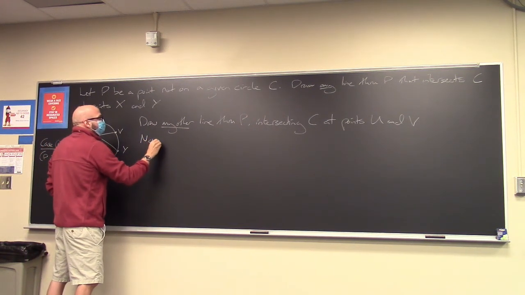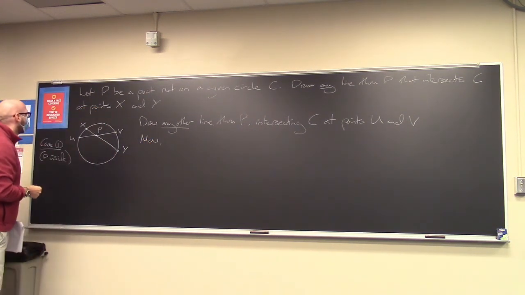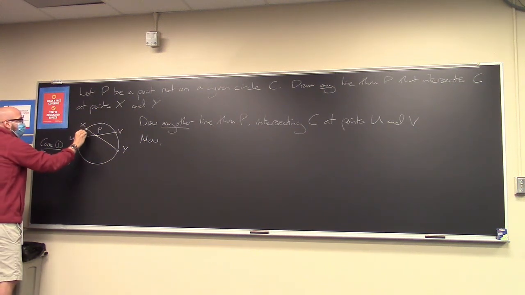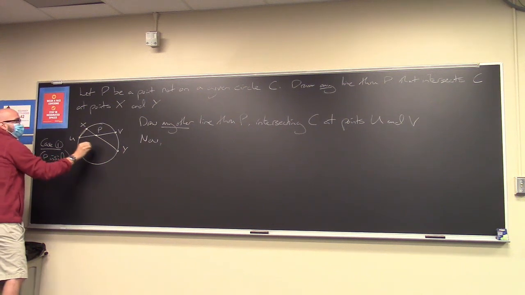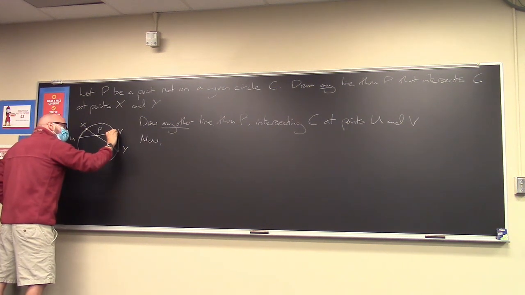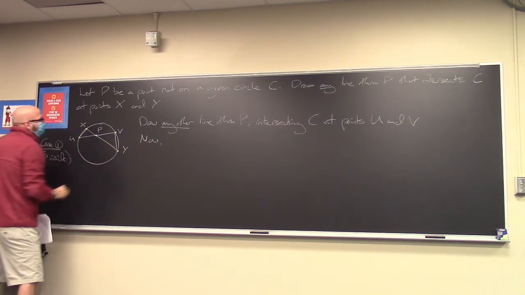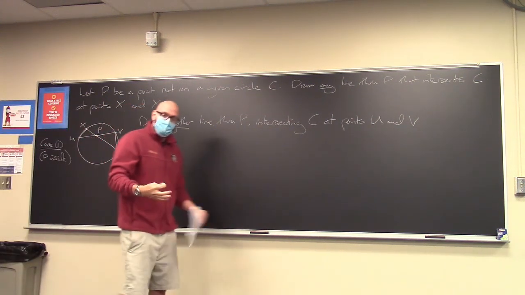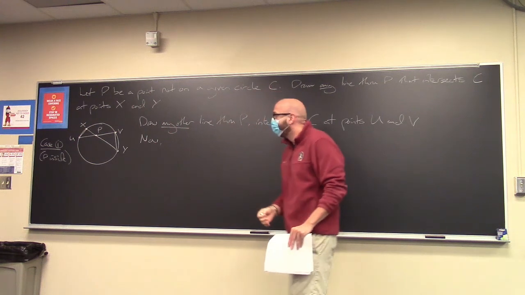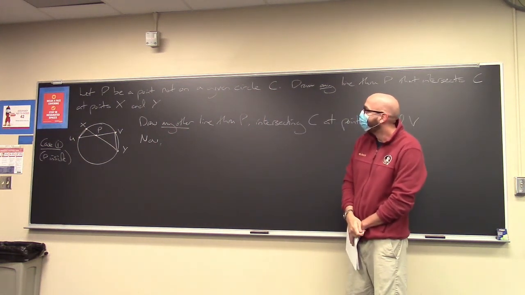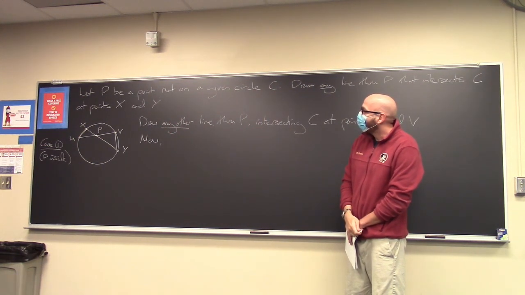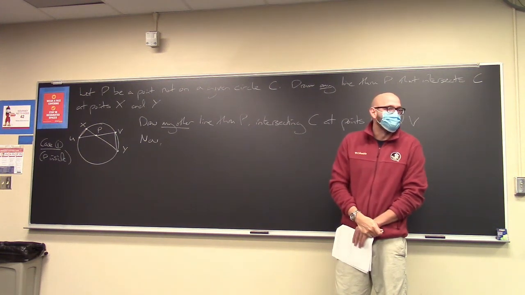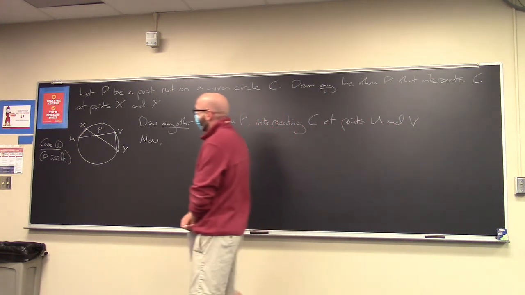It's not specified in what we've written, but in this picture I'm going to add two more lines: XU and VY. Why did I do that? Because it gives us two triangles now, and in pretty much all of geometry, we work with triangles as often as we can.